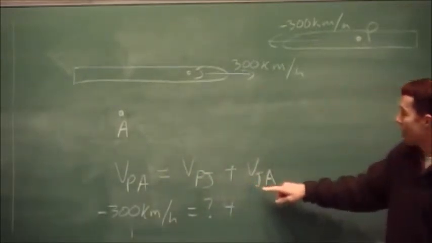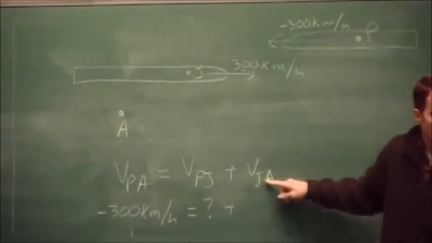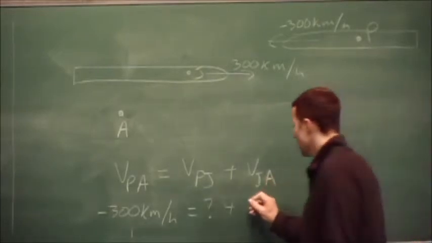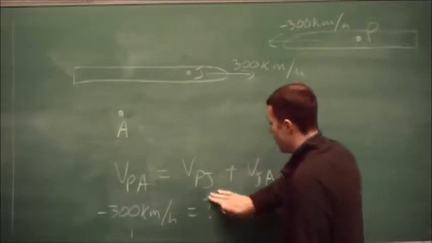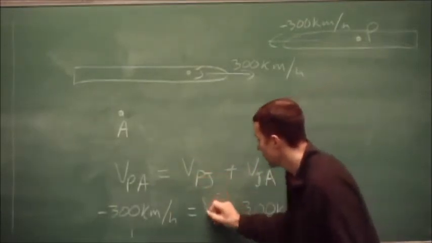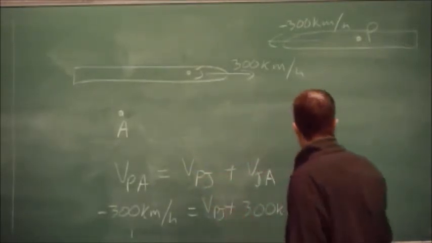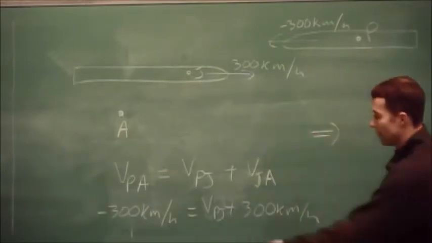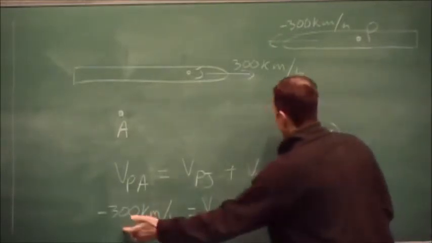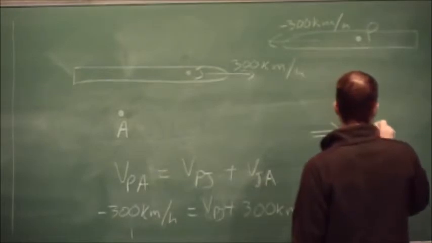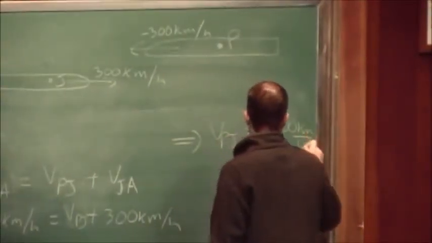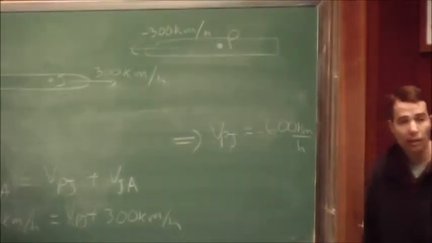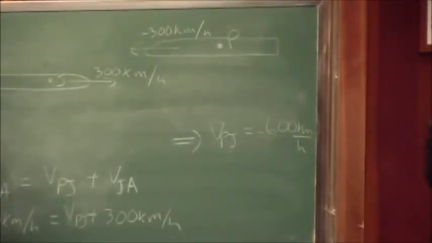How does Alex observe me? At 300, right? So, rather than putting a question mark, I'm just going to call it VPJ. And we can see from that that VPJ, I'm just going to bring 300 over to this side, is equal to minus 600 kilometers per hour. So it's moving really, really fast relative to me in this particular train.